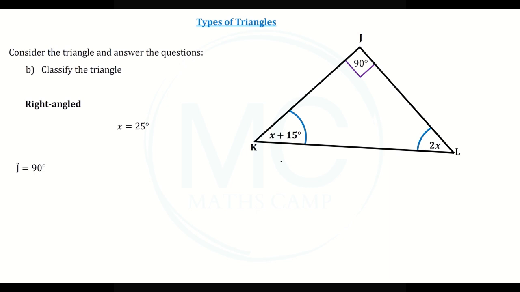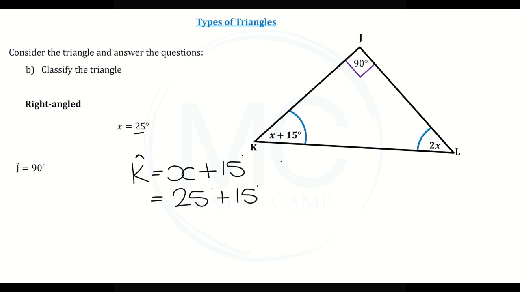Now we need to find the value of angle K. So we can say angle K is equal to x plus 15 degrees. We know that x is 25 degrees, so we can say 25 degrees plus 15 degrees, which gives us 40 degrees.